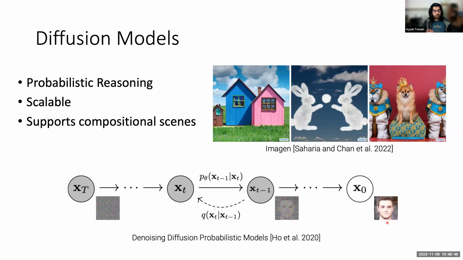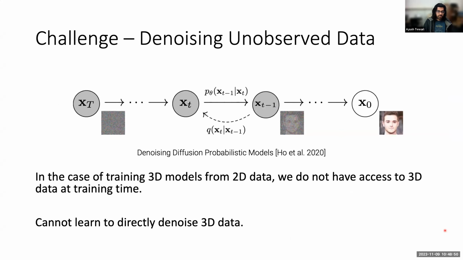So this is great. It works very well for images, but can we use it for 3D inference? Well, there's a problem. When we're trying to train 3D models that learn to sample distributions in 3D, we do not really have access to 3D data during training. So our assumption was we're going to learn to infer 3D, but we're only going to train on 2D data.